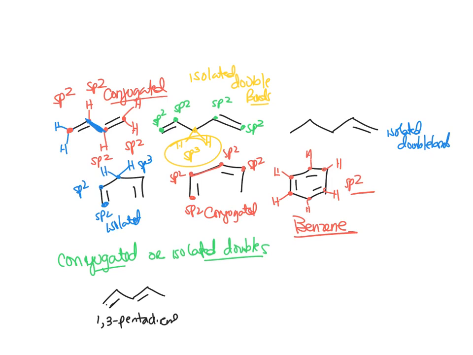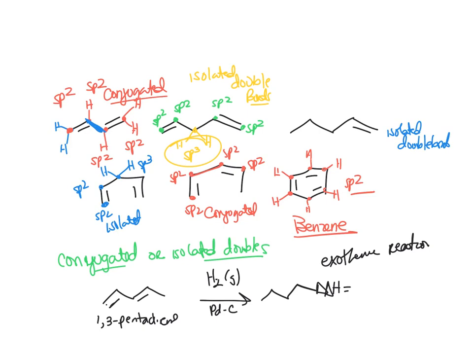There are 5 carbons, 1, 2, 3, 4, 5, and you react hydrogen gas on palladium carbon, you get the alkane. And this is an exothermic reaction, so that means it has a negative delta H associated with it. So there's going to be some amount of heat of hydrogenation that's given off.